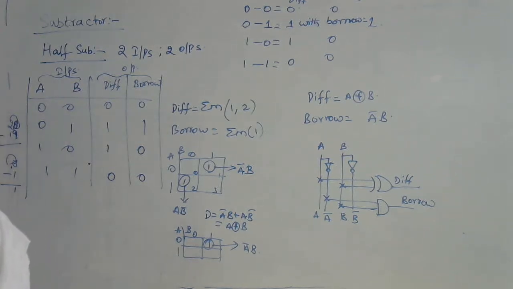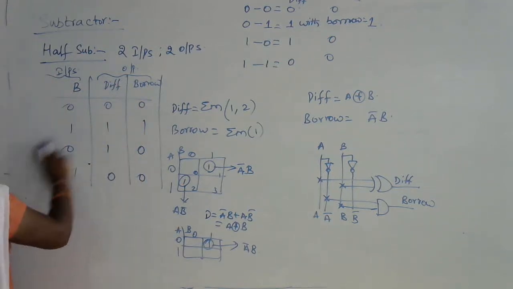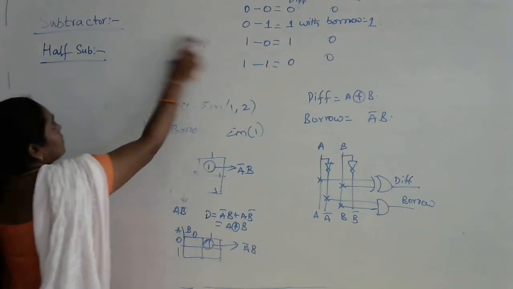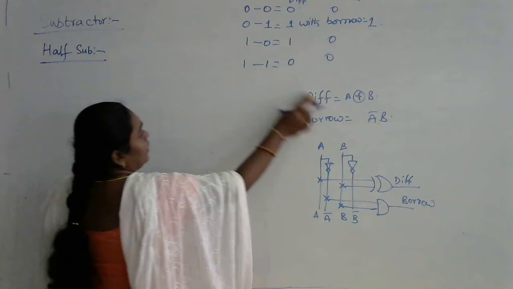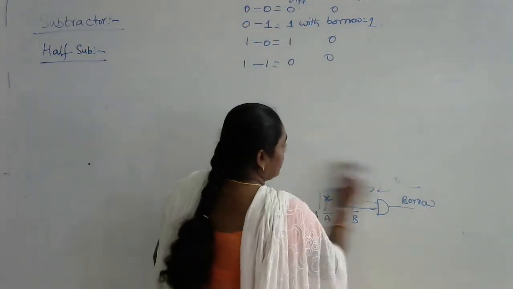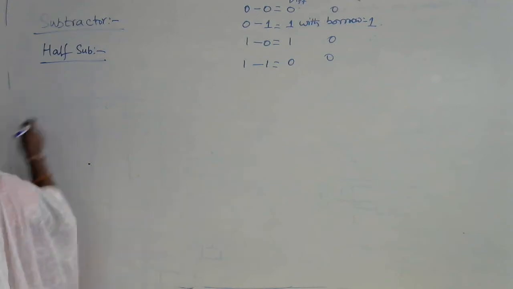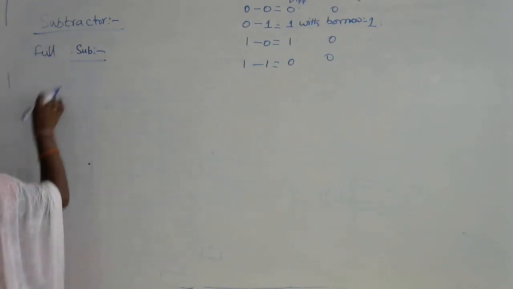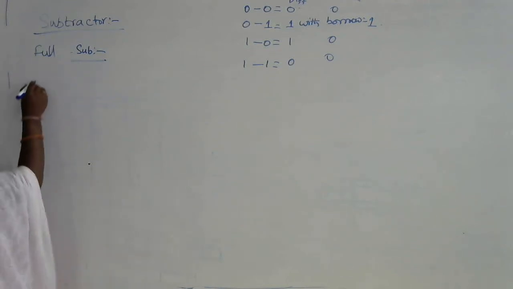Similarly, the next type of circuit is the full subtractor, which consists of three inputs followed by two outputs. We need to perform the same thing which we did for the adder circuit. The full subtractor performs the subtraction operation of three variables.